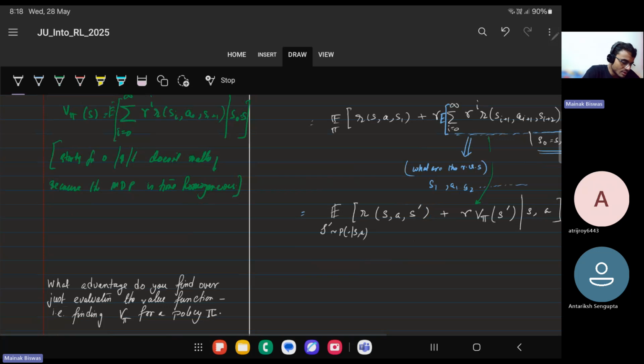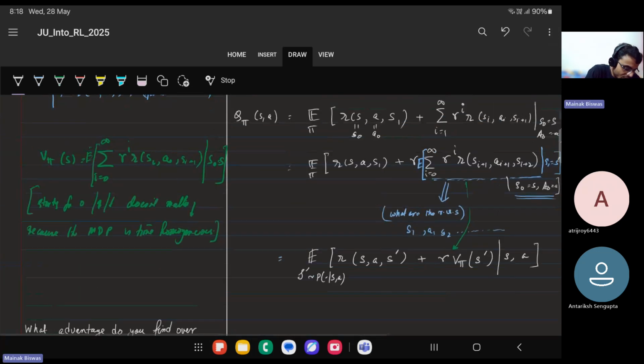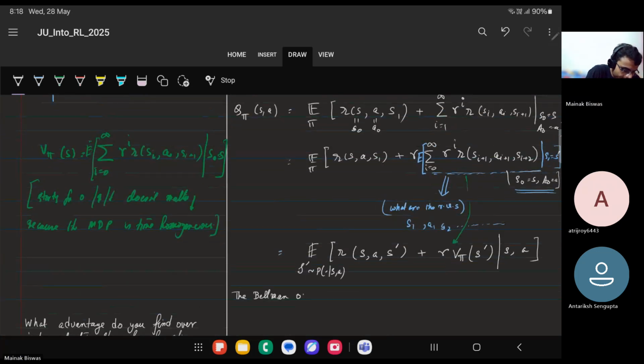Okay. So now the Bellman optimality equation, what can I write?